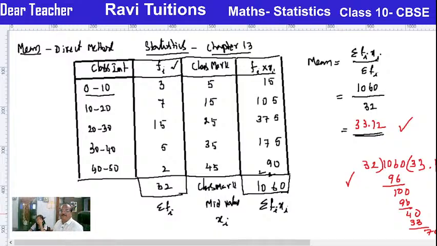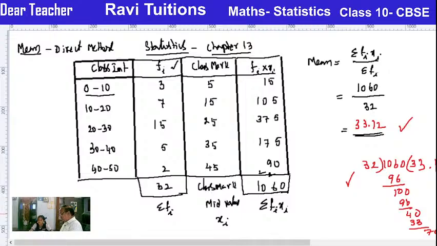Shall we go to the next question? Textbook question we will go. This is direct method. If such a question comes in the exam definitely, you should get full marks.